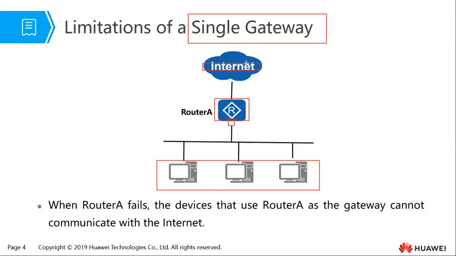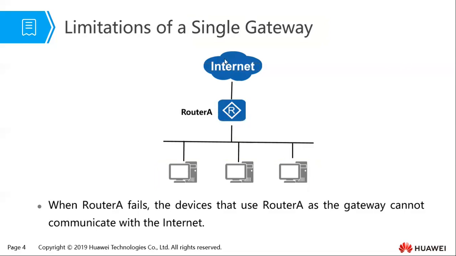Now, as you can already see, if there is a problem with either a link here or this particular interface, then all these people are going to be isolated. So that is one of the problems with using a single gateway.